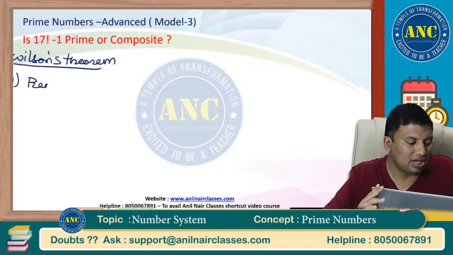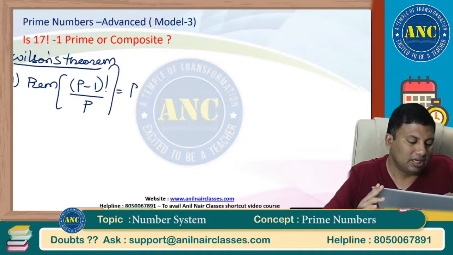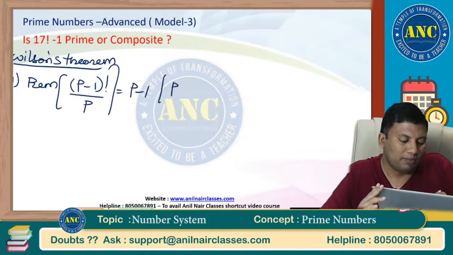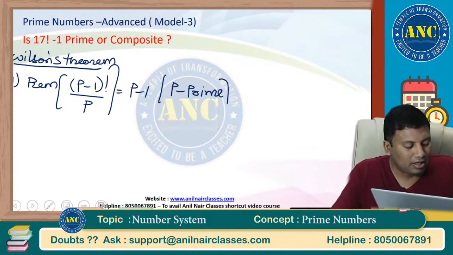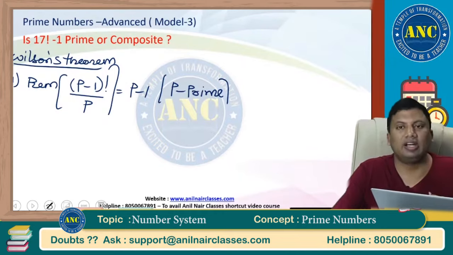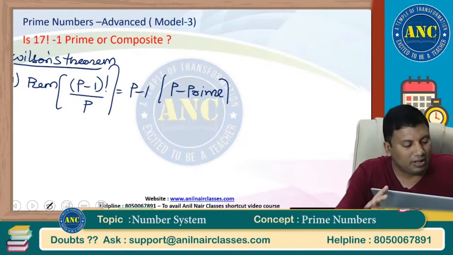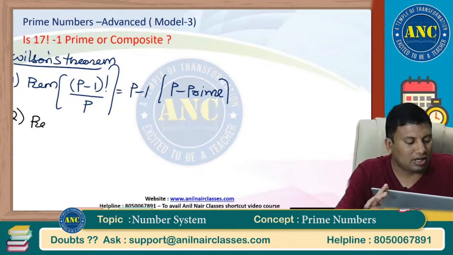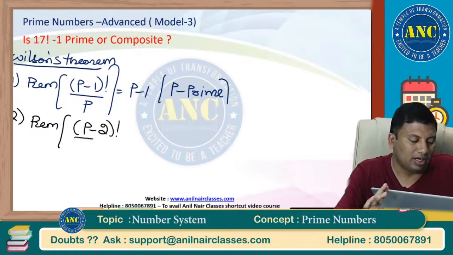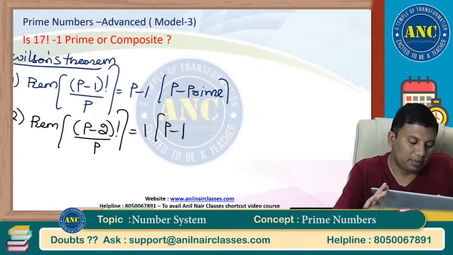First, remainder when p minus 1 factorial is divided by p, it is p minus 1, when p is a prime number. Next one, remainder when p minus 2 factorial is divided by p, it is 1, when p is a prime number.